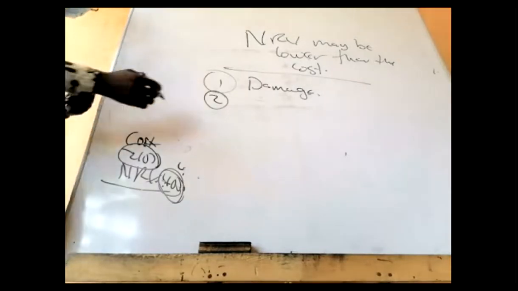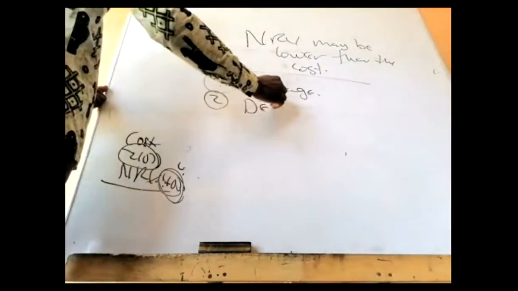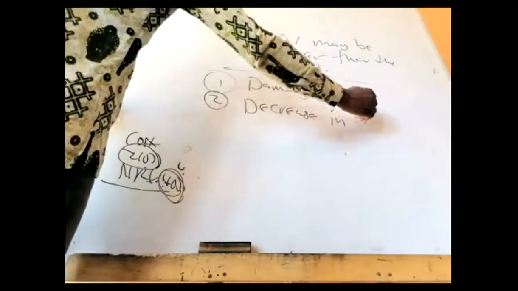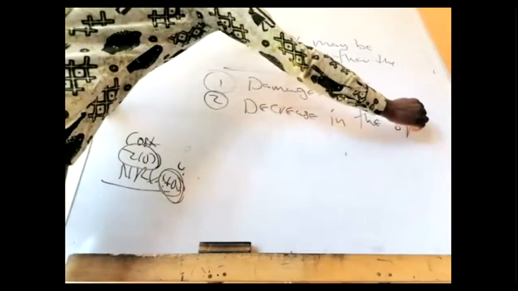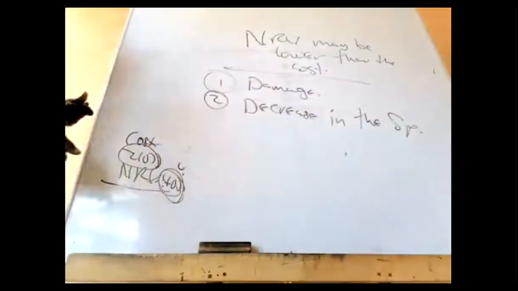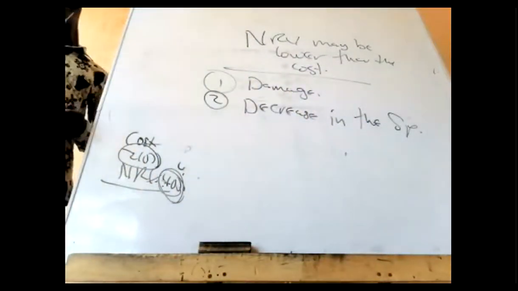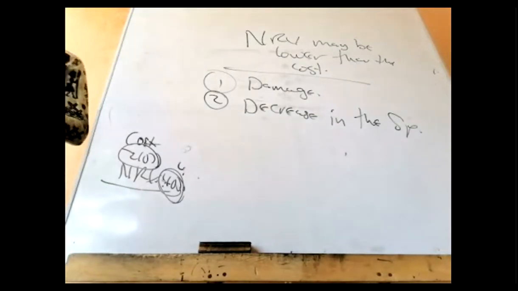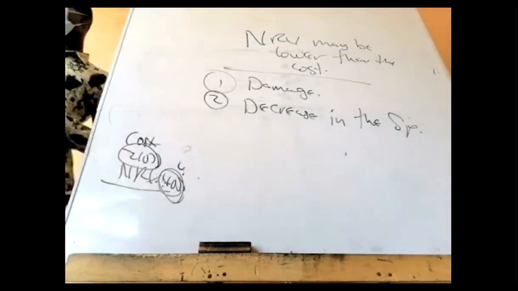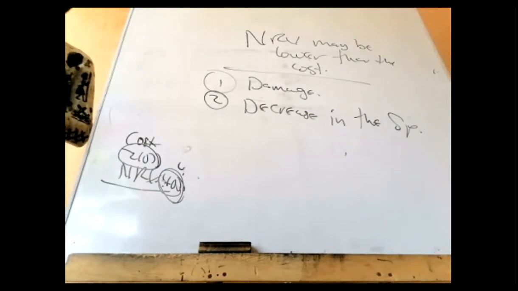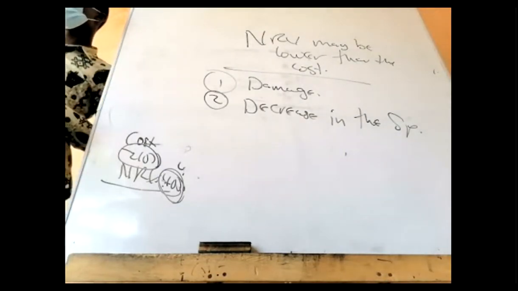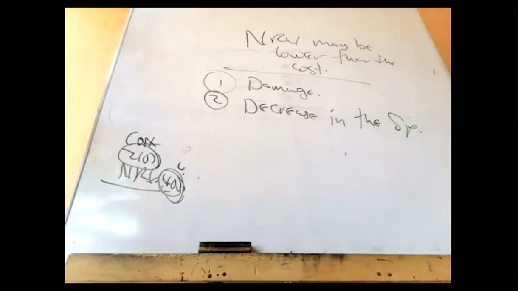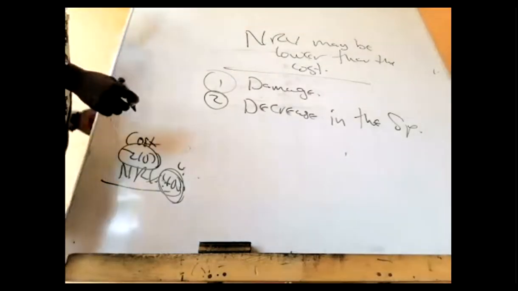Now, number two, we can talk about a decrease in selling price. Decrease in your selling price after you purchase these goods. Have you seen COVID time? You bought some goods, those facial masks.